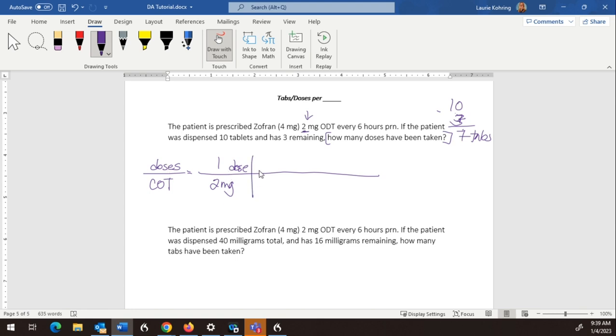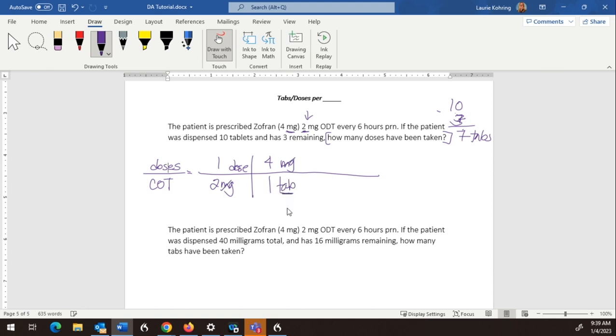So now we can say milligrams up here and look for it in the question. So we have 4 milligrams, and then what is the baggage with that one? So 4 milligrams is how it comes. So it's basically 1 tablet is 4 milligrams. So milligrams will cancel out.